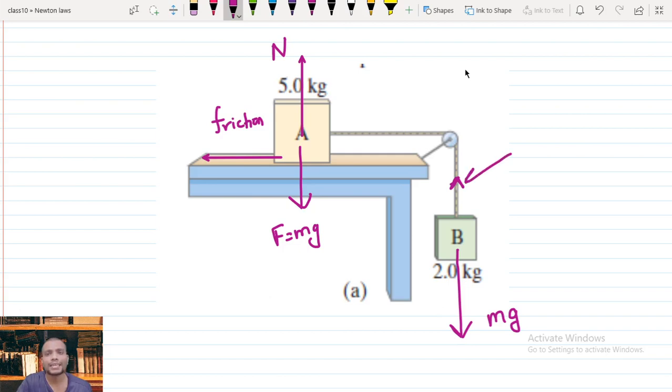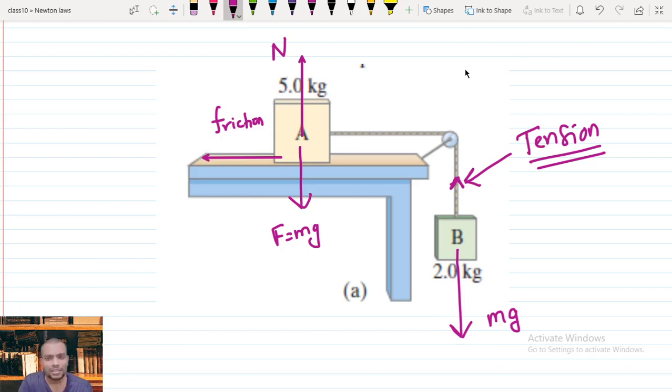The force which is acting in the string or rope we call tension. So the force present in the connected mass is known as tension.